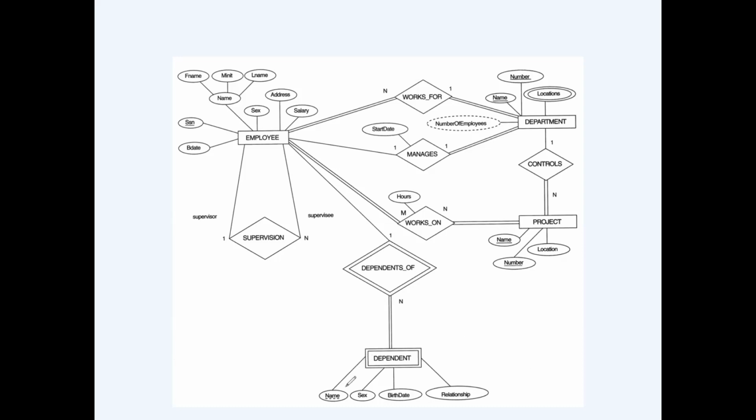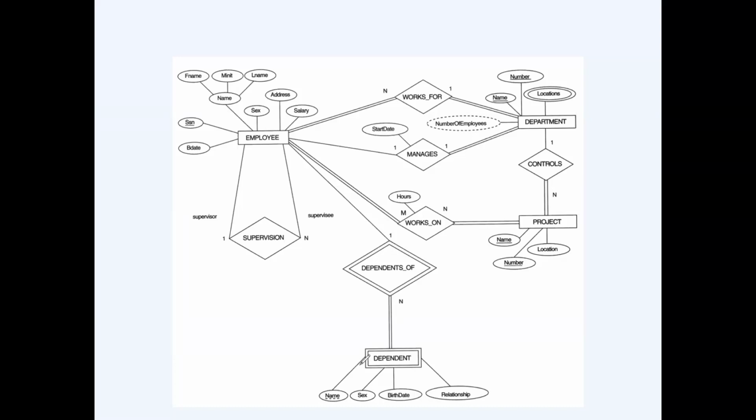So when you want to uniquely identify this particular entity type, you have to get the key from this relation, which means this is connected to the employee, from the employee key attribute, right? So that's why we indicated it using a double rectangle, and this connection is also a double line, and this relation is also a double diamond shape block we use to indicate that this is a weak relation, right?